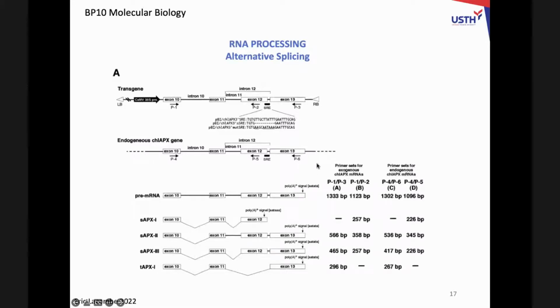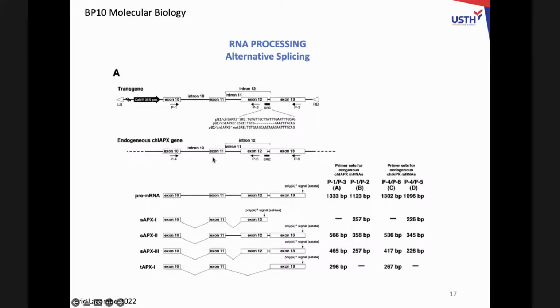But in other parts of the plant, in other organs, and I will show you what the regulator of this is, you find an alternative version of the splicing of this hnRNA. This alternative version contains exon 10, and intron 10 has been removed as it is.